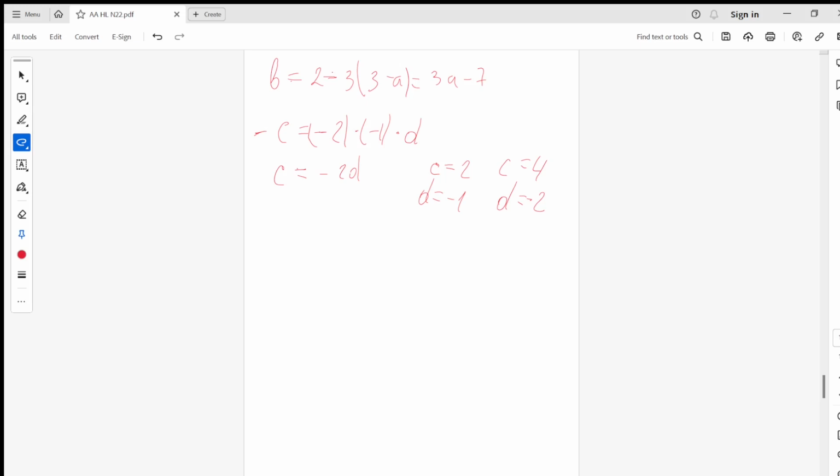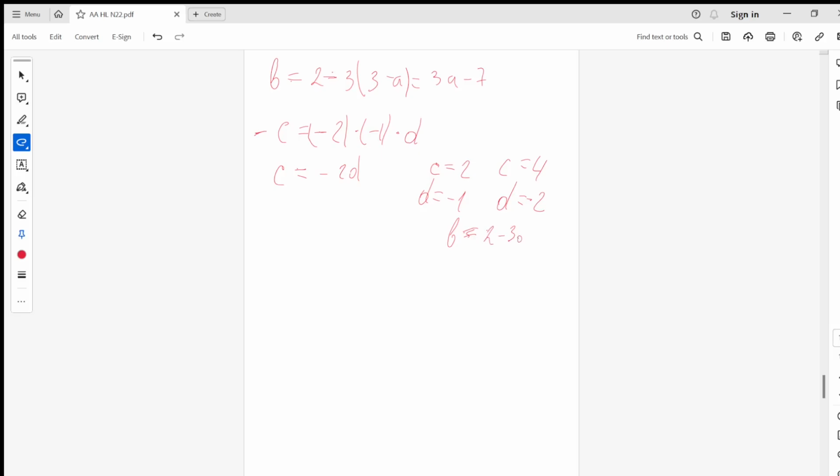But if we substitute d equal to minus 2 into our expression for b, we will get 8, which is more than 5.